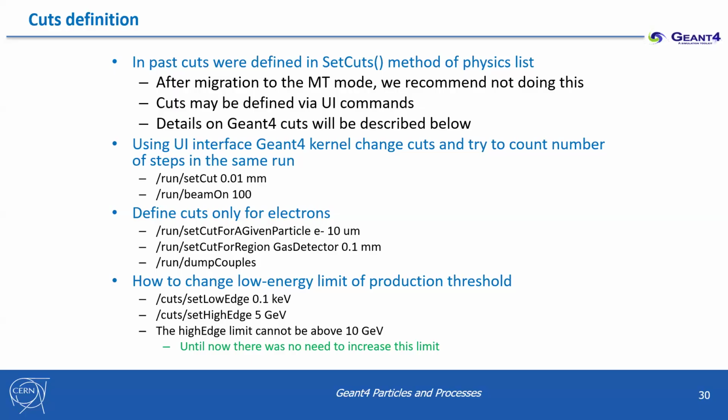There is also a possibility to define a cut for a G4 region. Run set cut for region gas detector, it is 0.1 millimeter. So everywhere there will be cuts which are defined in the command set cut. But for this region, the cut will be different.